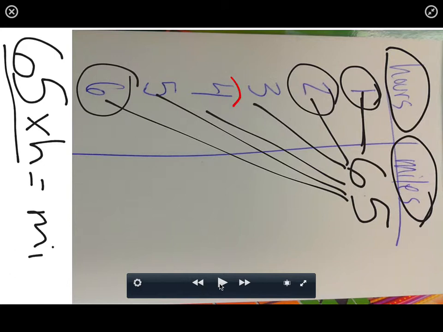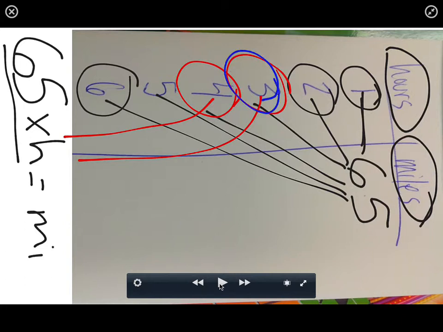I could take any value of h and plug it into this equation. So if it was 3, I could take 65 times 3, and I would be able to get my answer, which I think we said last time was 195.